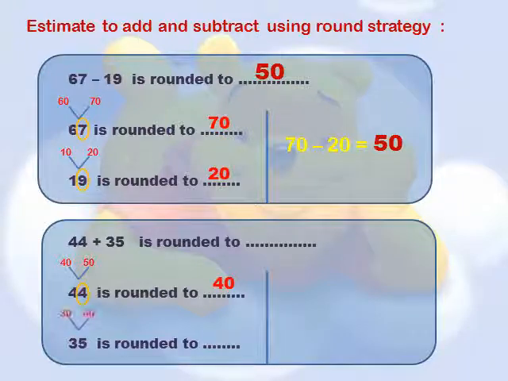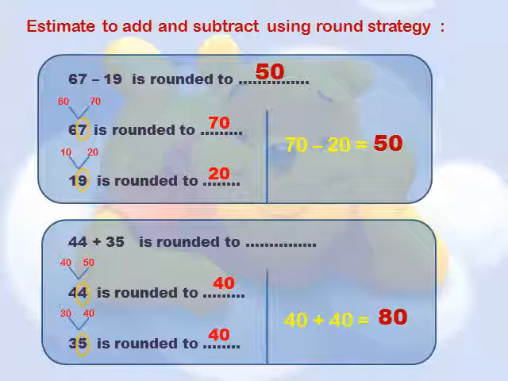It lies between 30 and 40, right? And the 5 here is what? Yes, 5 is a strong number. So it will do what with the tens? It will round it to the greatest tens. So it will be what? 40. So now I want to put 40 plus 40 equals 80.